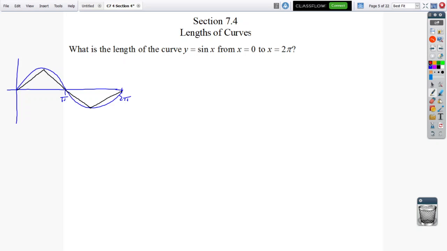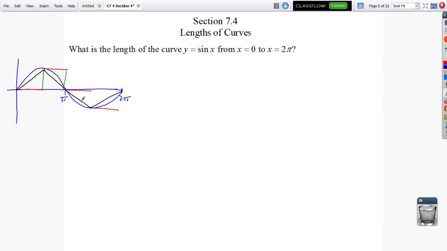So now I can draw in different components to this graph. What I'm drawing here is all of the horizontal distances of those black segments. And now I'm going to draw the vertical components of those black segments: vertical component, vertical component, vertical component, and vertical component.